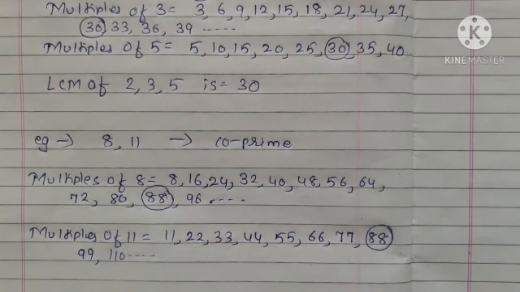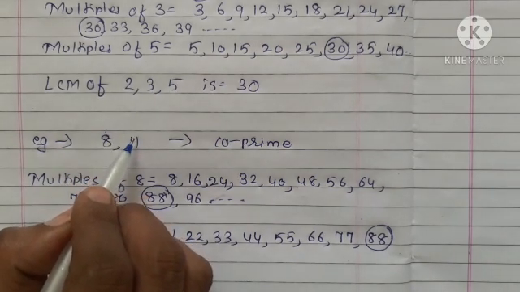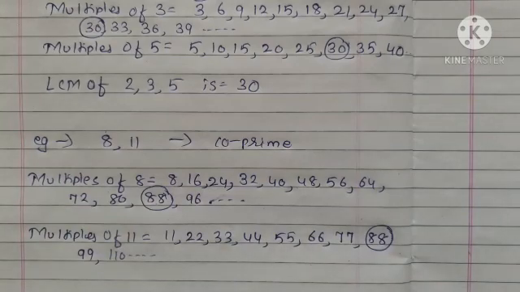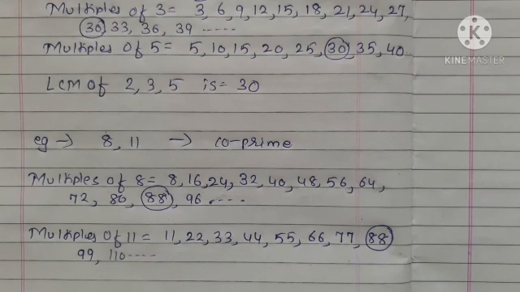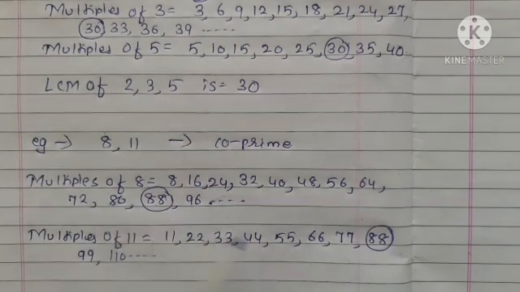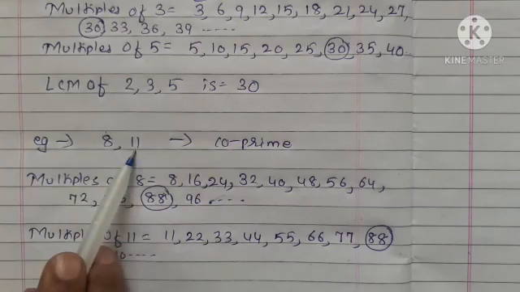Now just think, if you are multiplying 8 into 11, what you are getting? 88. So here we got one thing, that the LCM of two co-prime numbers is their product. See, here we got the proof. We have written the multiples, and the number we got is obtained by multiplying both the numbers.